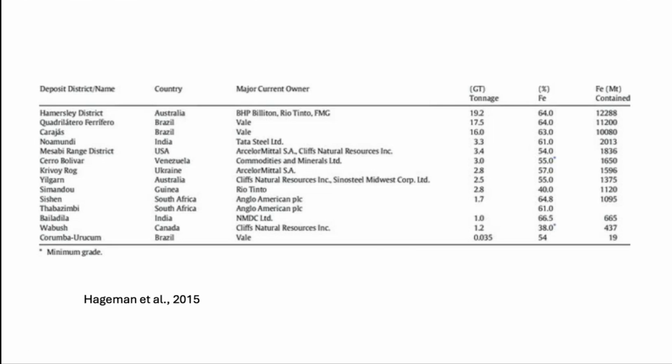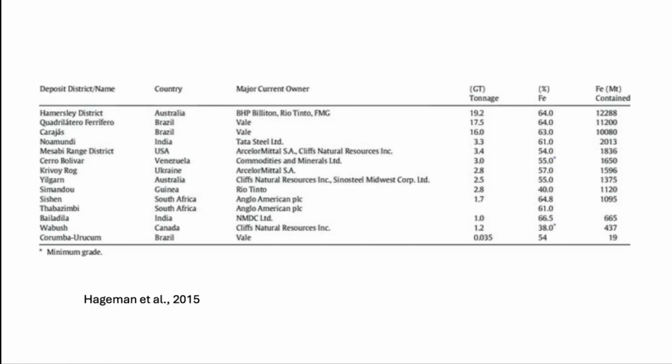And I'm imagining this is one of the reasons that Trump signed an agreement with the Ukrainian government for minerals, this deposit. Canada, Wabush. I don't know that one. Do you know that one, Matt? No, but there are others in Canada too.